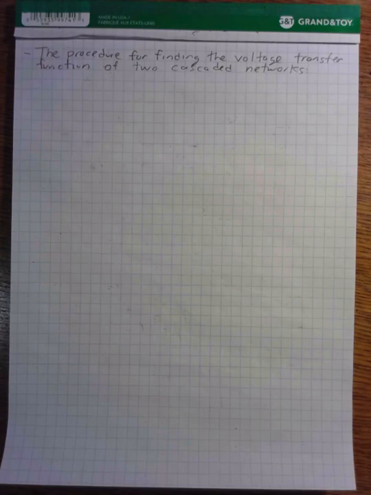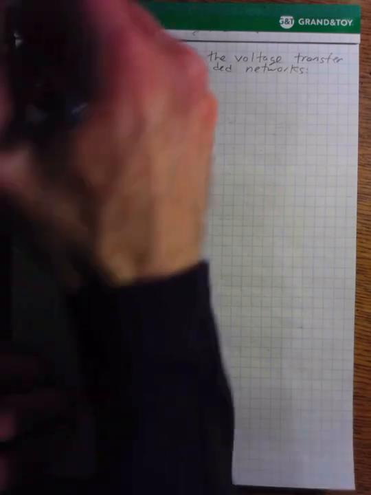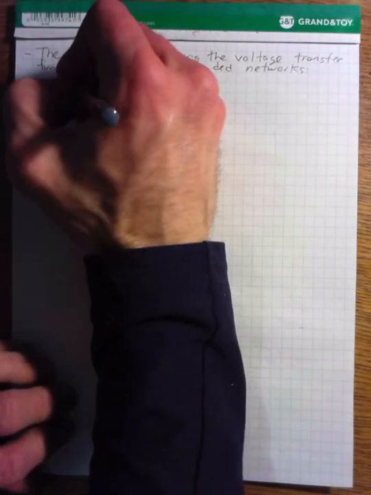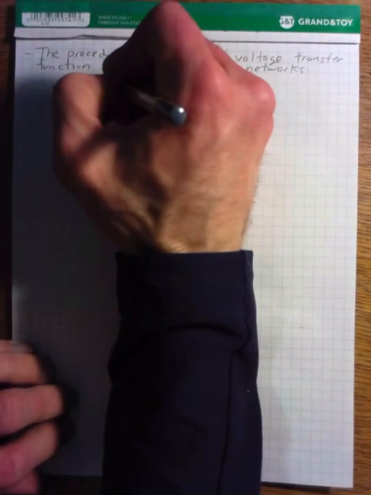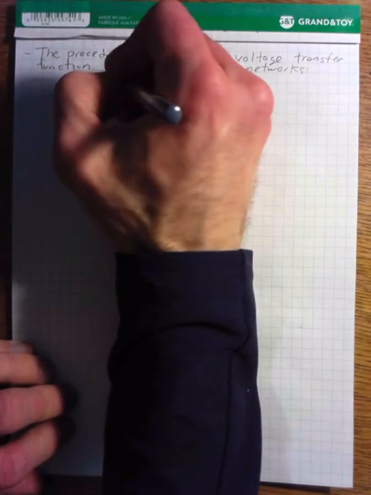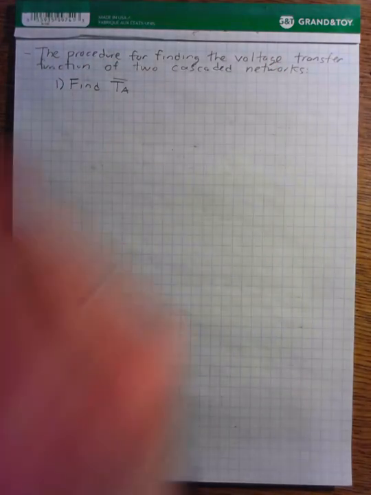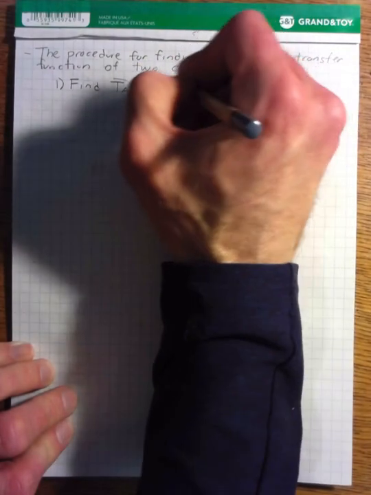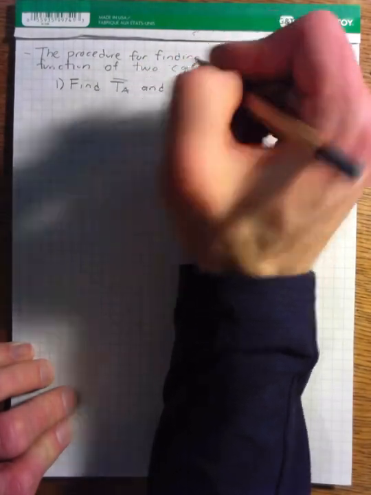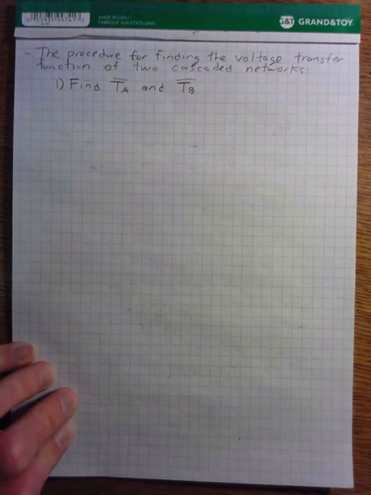Okay, so what is the procedure for finding the voltage transfer function of two cascaded networks when we're using ABCD parameters? Step one is always to figure out the ABCD parameters for each of our two systems. So we need to find out the ABCD parameters for system A, which we represent by the 2x2 matrix TA, and the parameters for system B, which we represent by the 2x2 matrix TB.